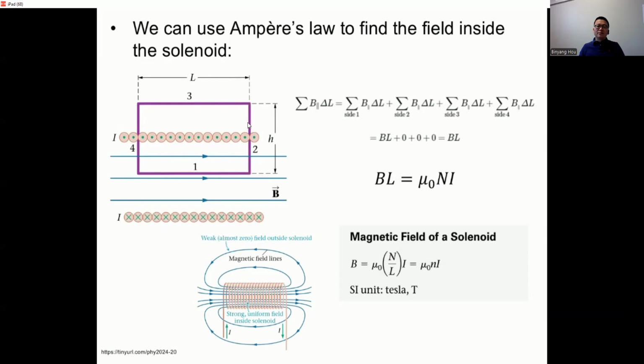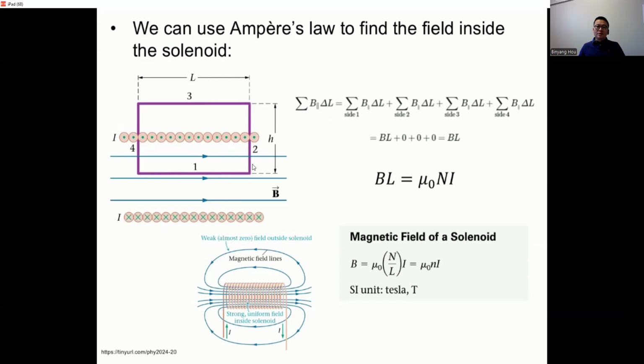So the B field in the vertical component will be zero. So this side two will be zero. Just right to the side outside the solenoid, the B field will be zero again, so that guy's zero. And then side four is similar to side two, so that will be zero. So overall, these segments of B times delta L add up to just B times L here. And according to Ampere's law, that should be equal to mu naught times the current enclosed.